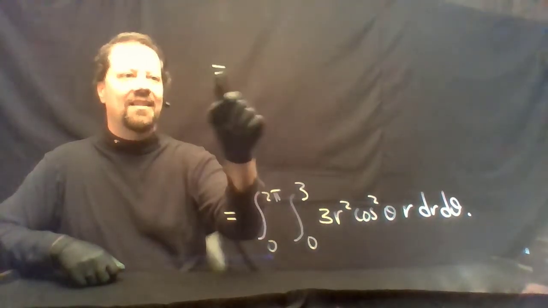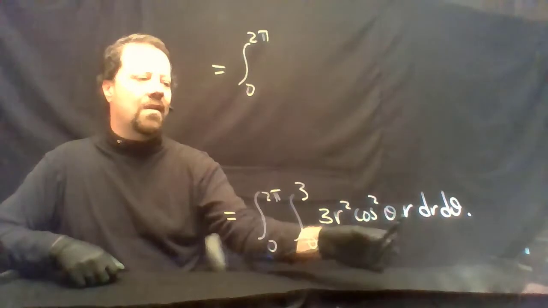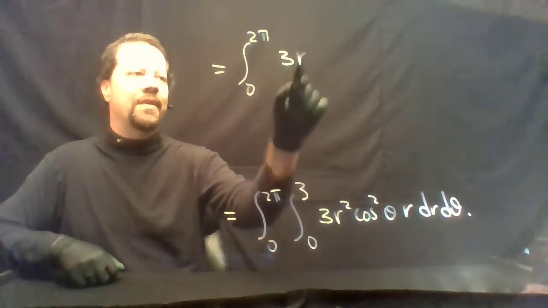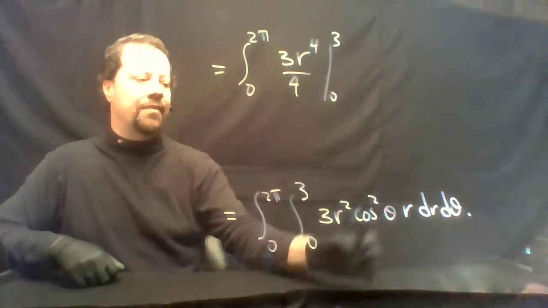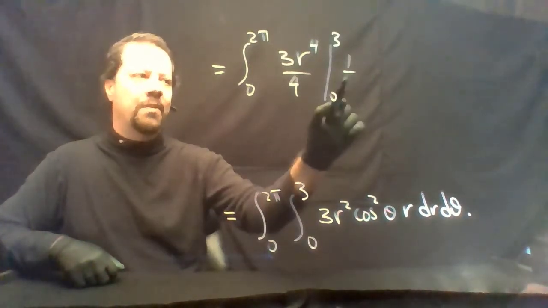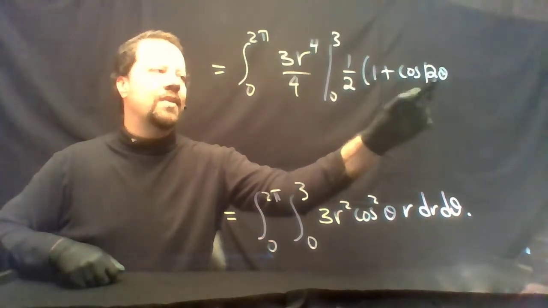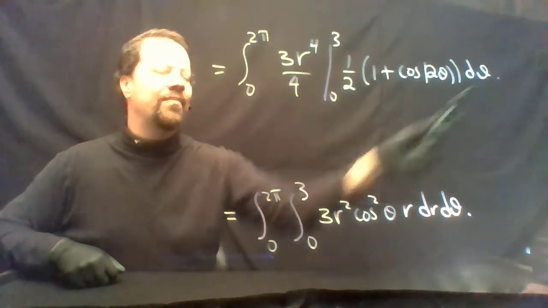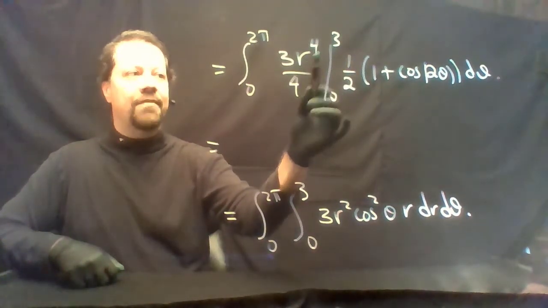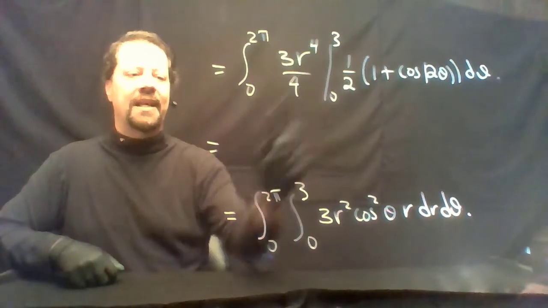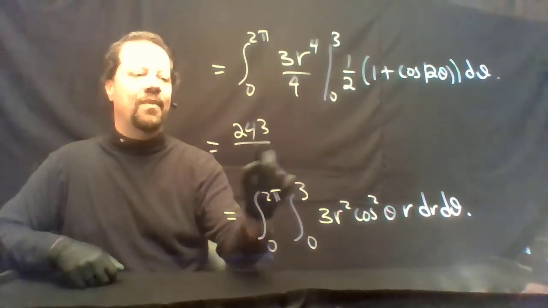You can see we'll get the integral from 0 to 2 pi. We have 3r cubed. That's going to be 3r to the 4th over 4, evaluated from 0 to 3. Cosine squared we will convert to 1/2 times 1 plus cosine of 2 theta. We'll have 3 to the 4th, which is 81, times 3 is 243 over 8.